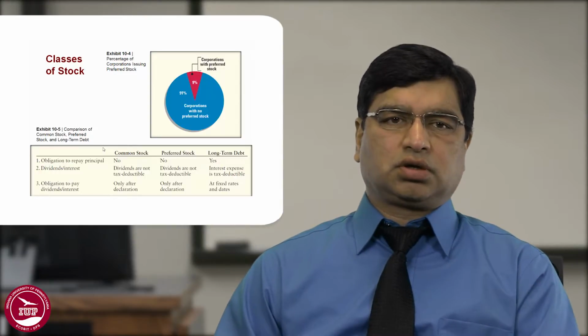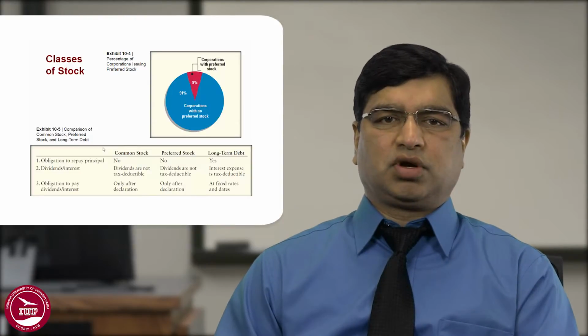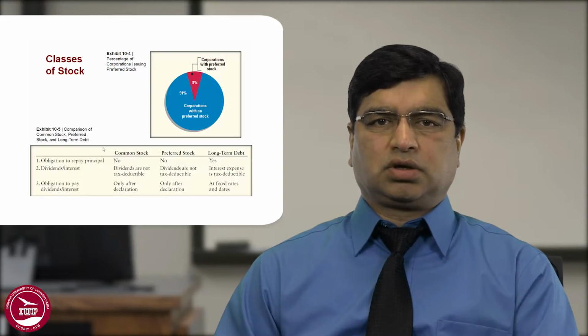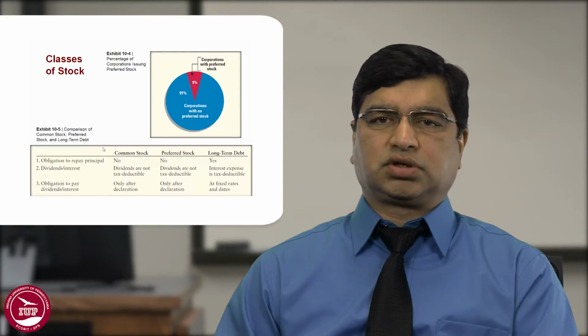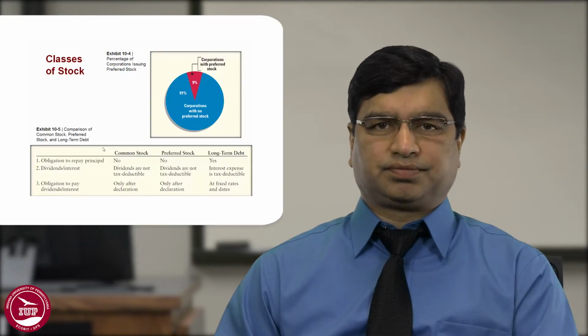For the common stock, in terms of dividend, the company is only obligated to pay the dividend if it is declared. Similarly, for the preferred stock, the company owes a dividend if it is declared. However, the fixed interest on the long-term debt needs to be paid by the company.